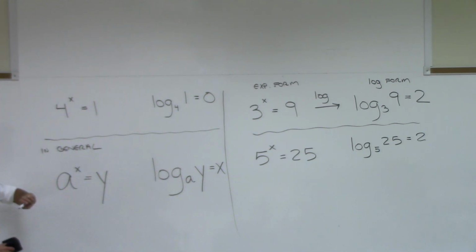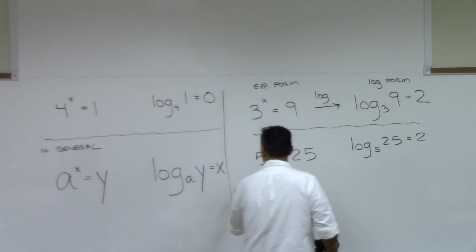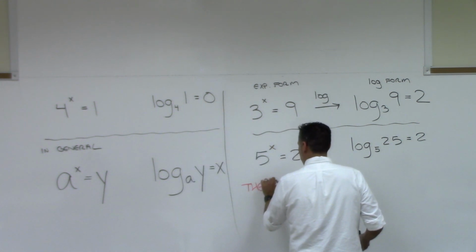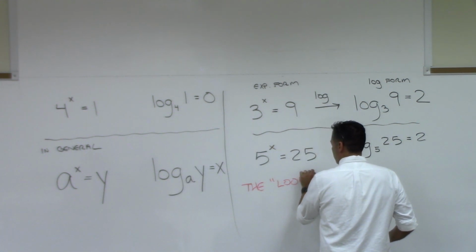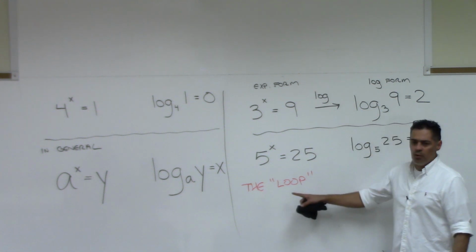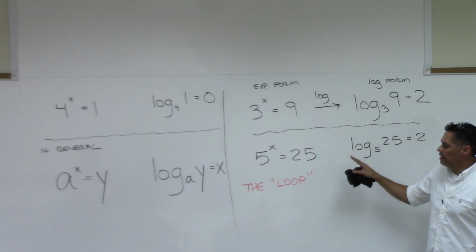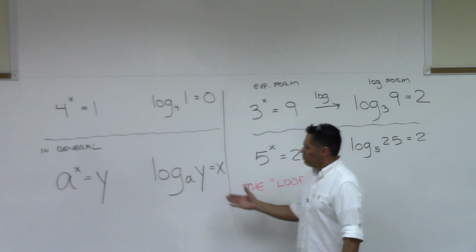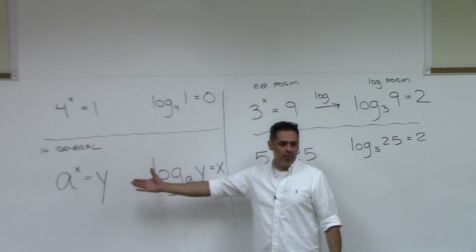Now, we're almost out of time. I teach my students this thing that I've never seen in a textbook or anything like that, but maybe it's out there somewhere. I teach my students this thing called the loop. And here's the way the loop works. A lot of students have trouble getting from this form to that form.